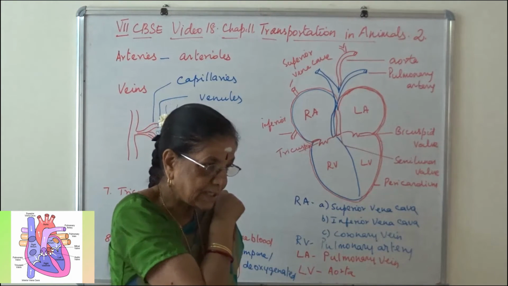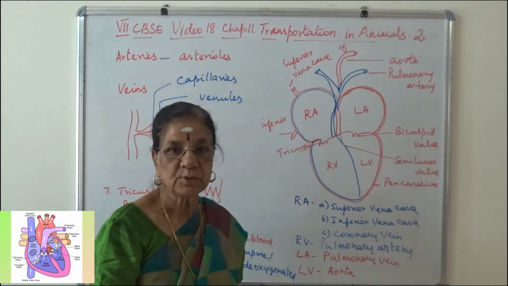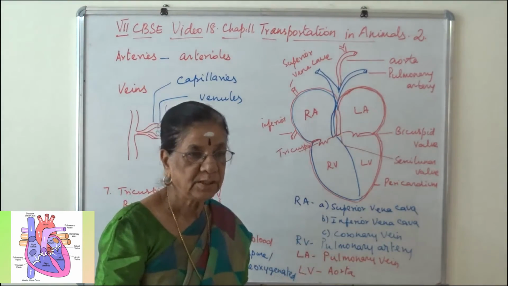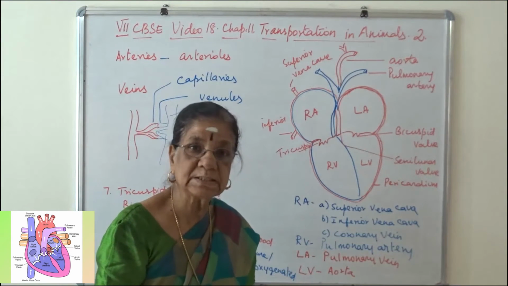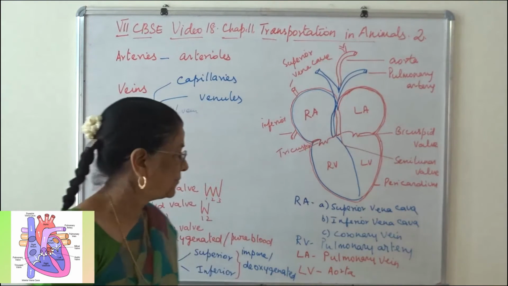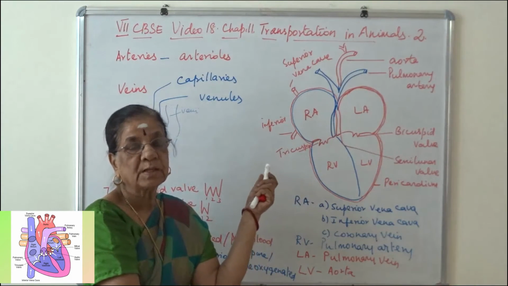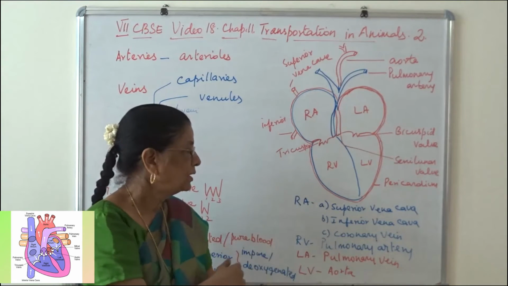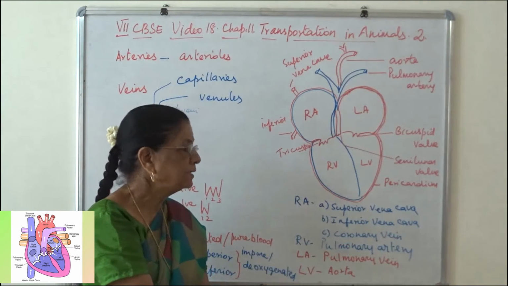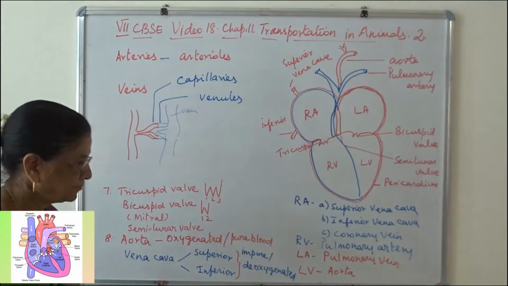The blood vessels are artery and vein, where the vein is called coronary vein and the artery is known as coronary artery. So now the right atrium receives deoxygenated blood through superior vena cava, inferior vena cava and coronary vein.